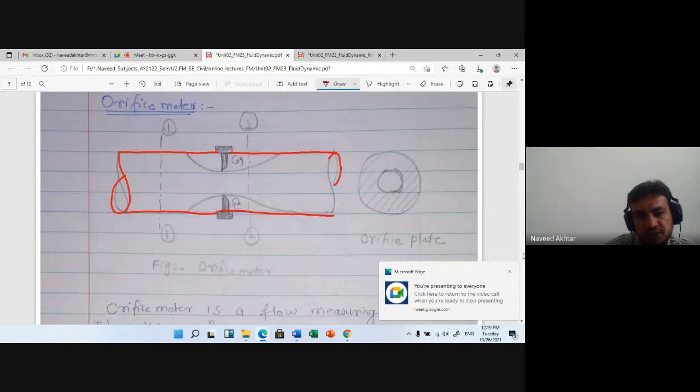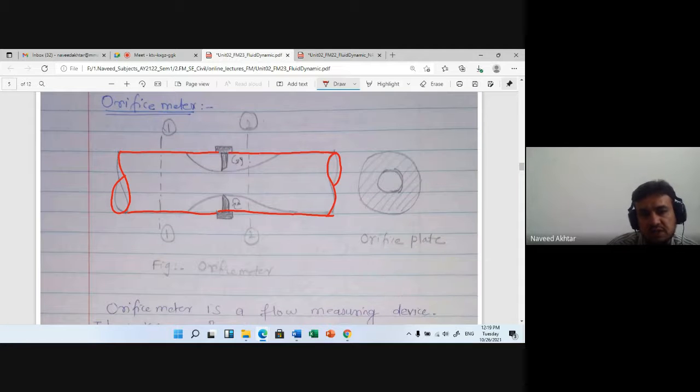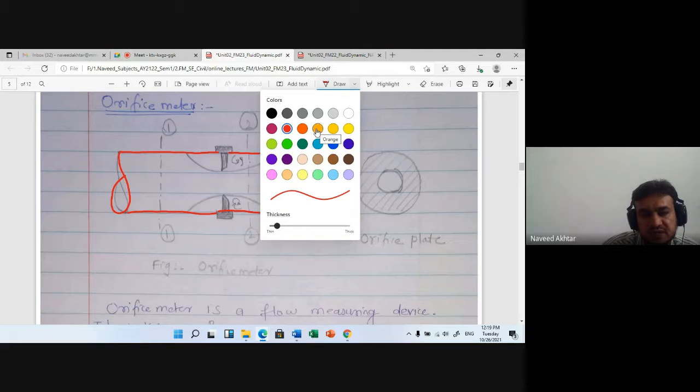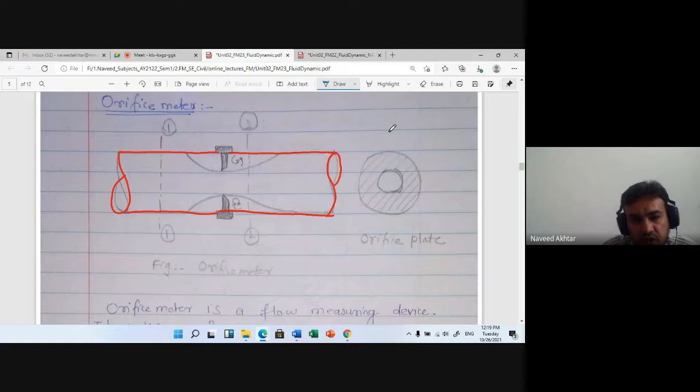Your pipe is like this, and there is an orifice plate inside this pipe, inserted into the pipe. I will draw the orifice plate with a different color so that you can understand. This is your orifice plate, having a hole which restricts the flow.